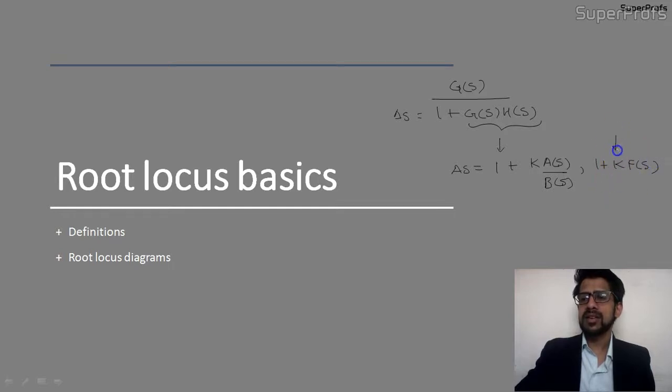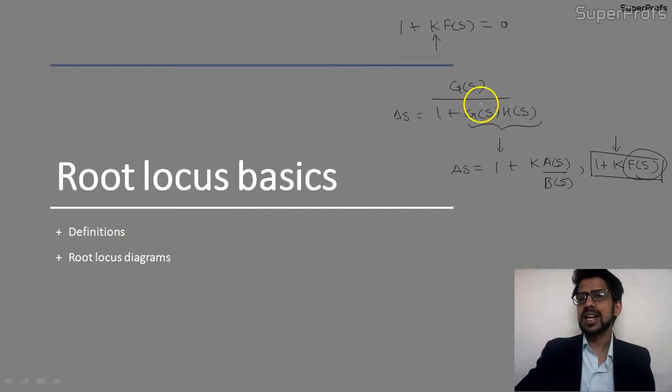So basically we are going to change this k and see how the roots of this particular equation change. Because if you have a characteristic equation as 1 plus k into f of s equal to 0, ultimately if we change k, we will be able to find different values of s for which this equation holds true.